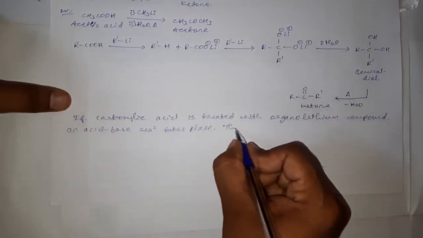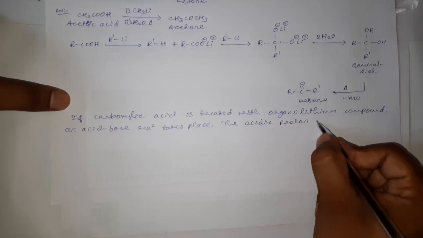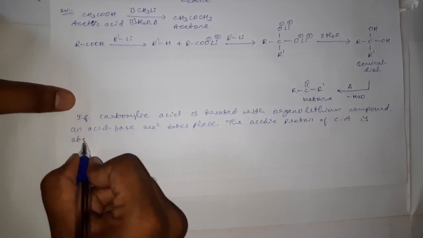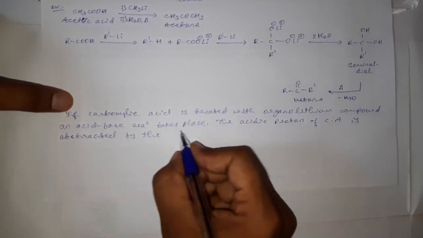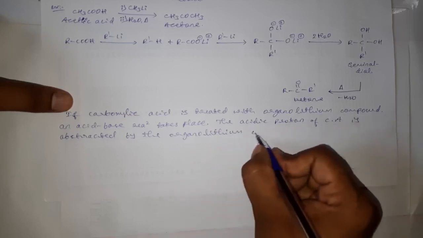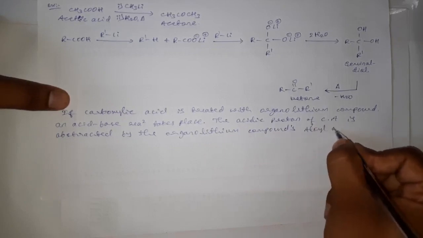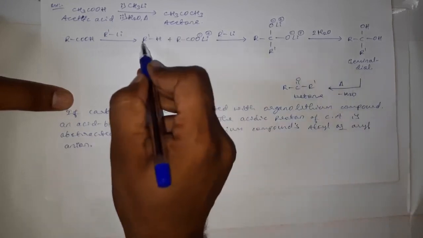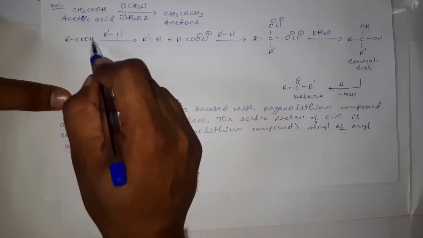Then after this, the acidic proton of the carboxylic acid is abstracted by the organolithium compound's alkyl or aryl anion. This R dash may be an alkyl or aryl part, and here it will act as an anion to abstract this proton.